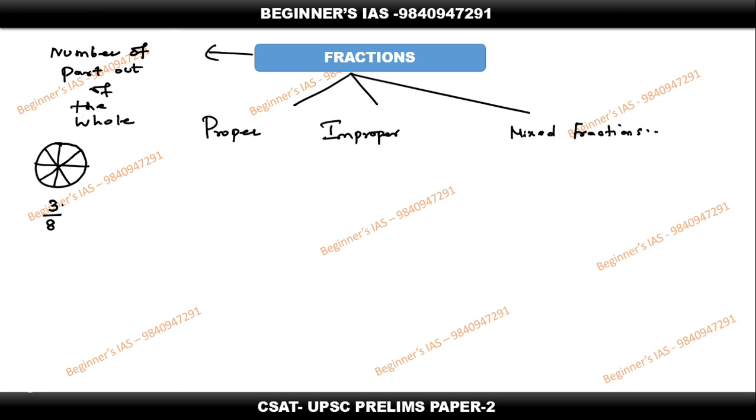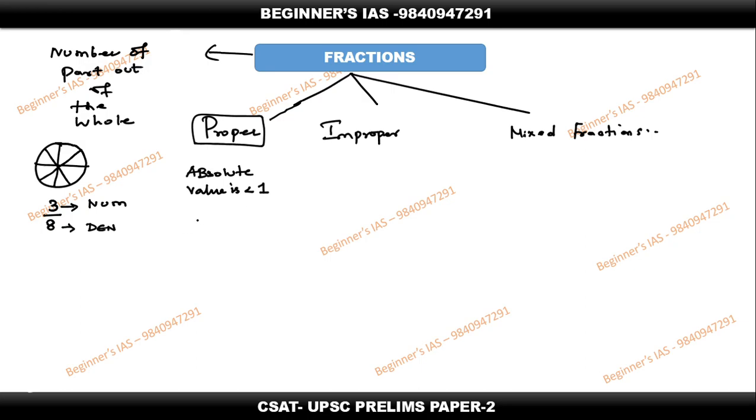Here this 3 we call a numerator. This 8 we call a denominator. Then we move on with the proper fraction. This is a very important concept. Listen carefully. The absolute value is less than 1.